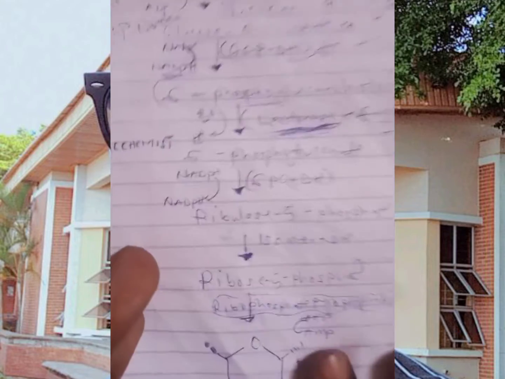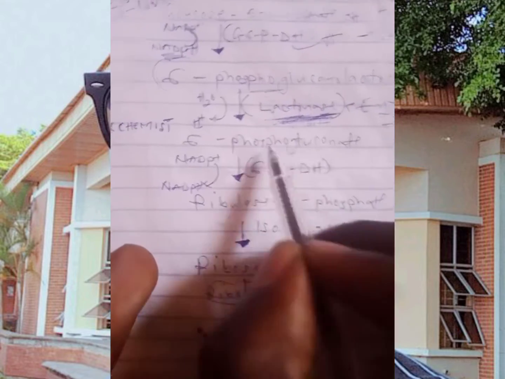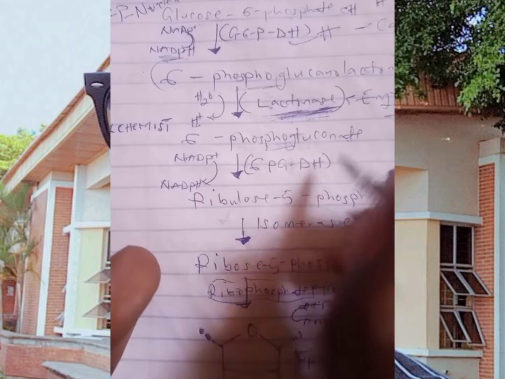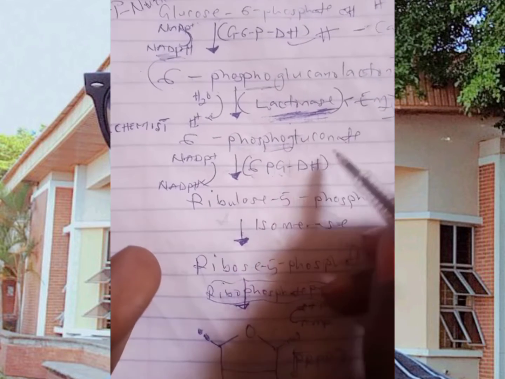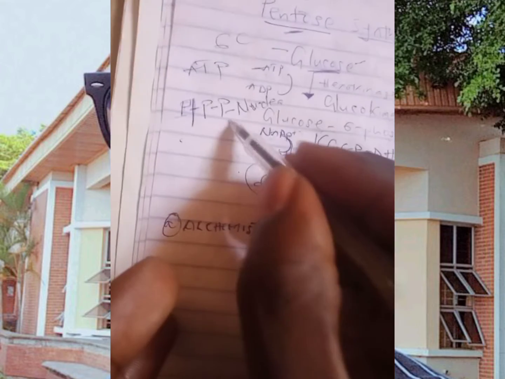In the next step, after producing this in our body system, another enzyme comes in, which is 6-phosphogluconate dehydrogenase, just like in the procedure we have in step 2.